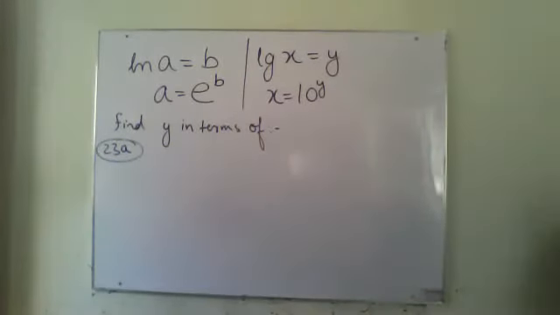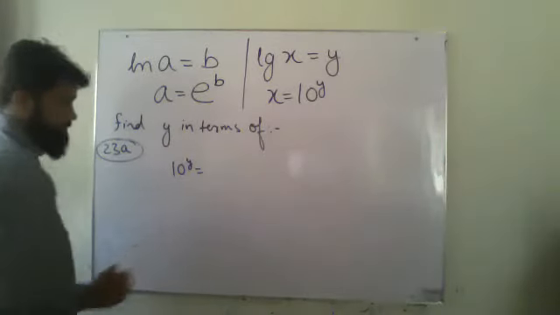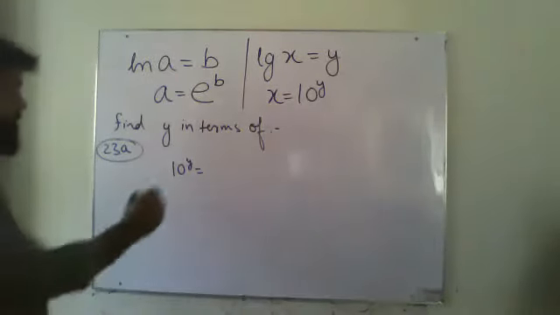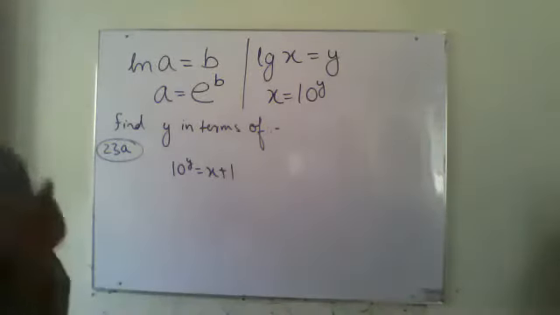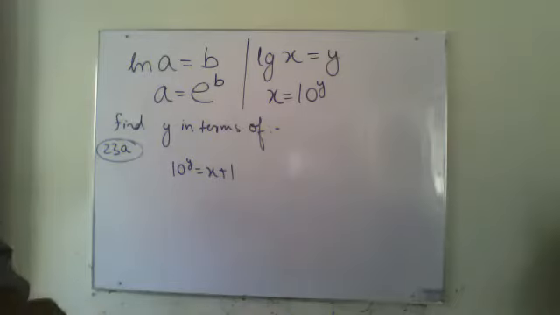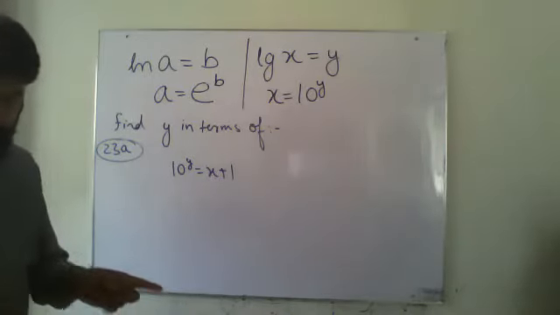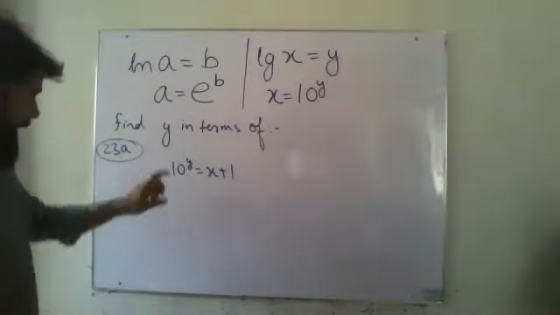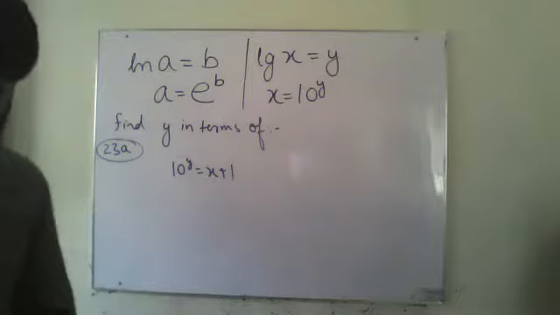The question says 10 to the power y equals x plus 1. When exponential is given in the question, then we apply ln. But if a number is given, and especially if the number is 10, then we will apply lg.